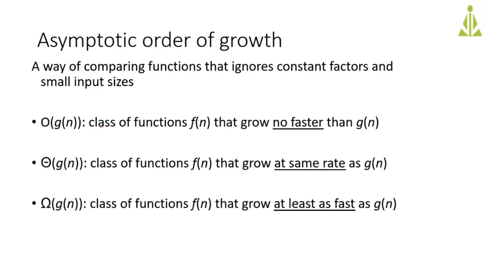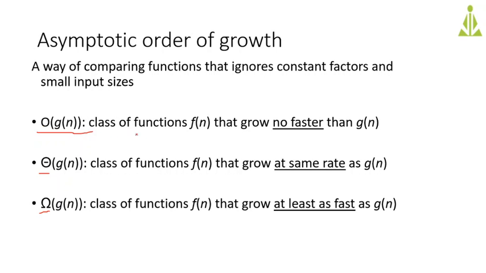Now, asymptotic order of growth is a way of comparing functions that ignores constant factors and small input size. As we have discussed, there are three types of asymptotic notation in your syllabus: big O, big omega, big theta. Big O is represented like this, big omega like this, and big theta like this.